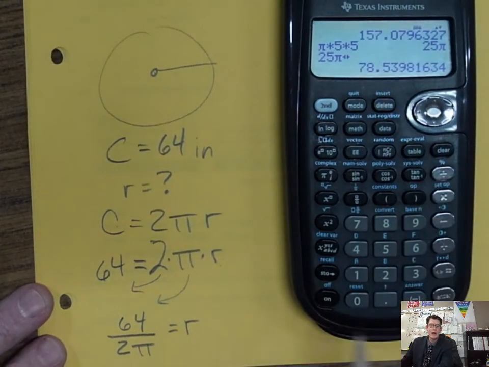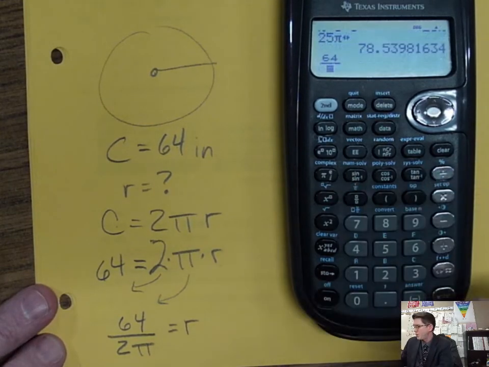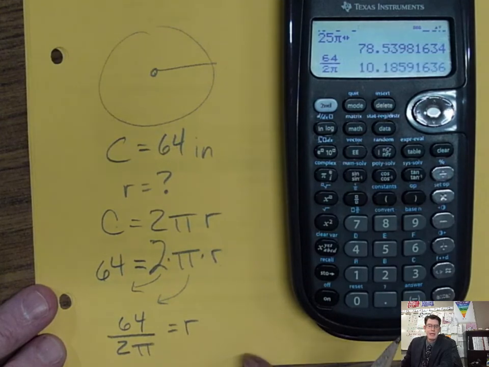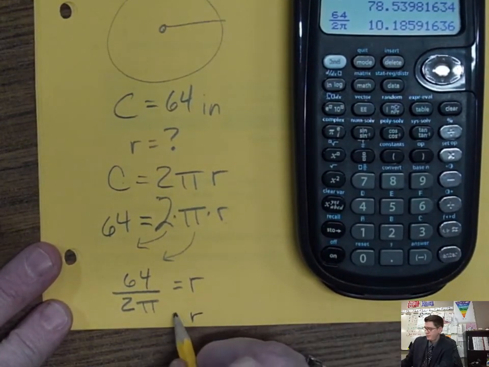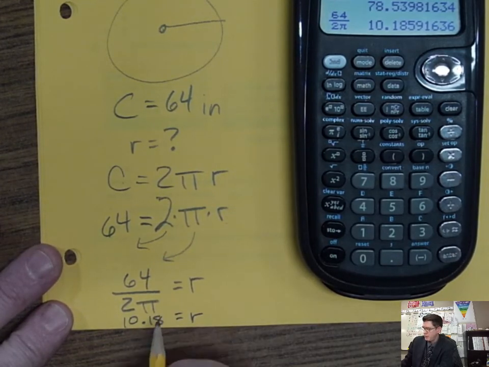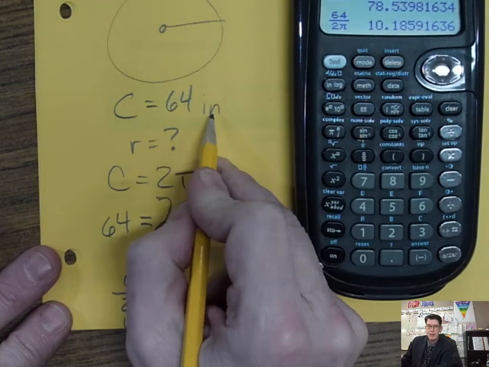I'm moving around an equation just like we did back in September. So 64 divided by 2 pi, and that equals, so the radius is 10.18. We're doing inches.